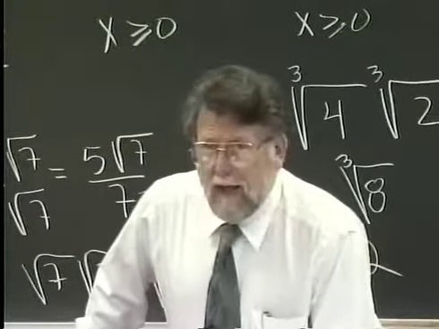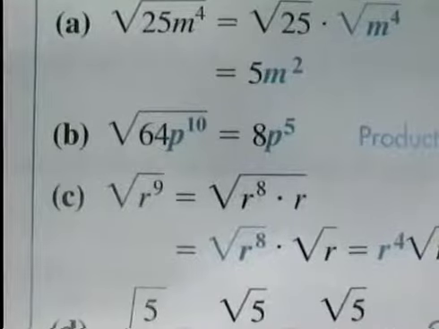I'm looking at the middle of the screen now with part C, the square root of r to the 9th. Now you are expected to write that as the square root of r to the 8th times r. Then break that up into the square root of r to the 8th times the square root of r, which is r to the 4th times the square root of r.